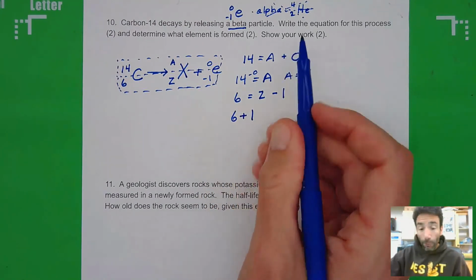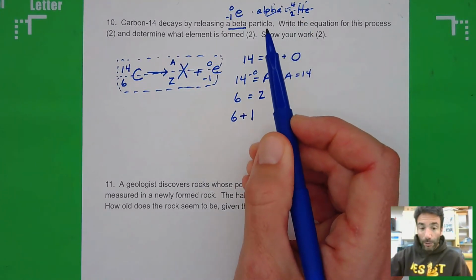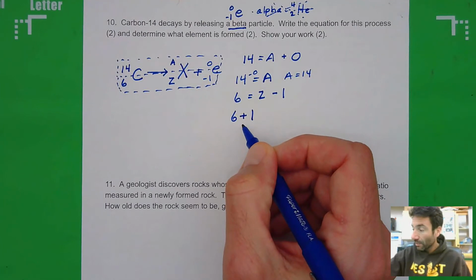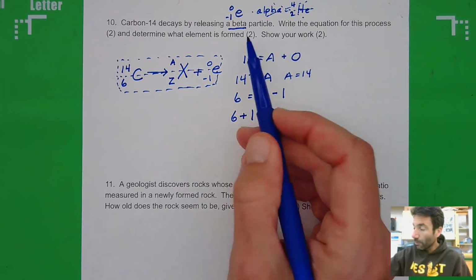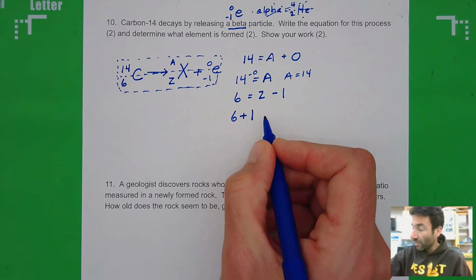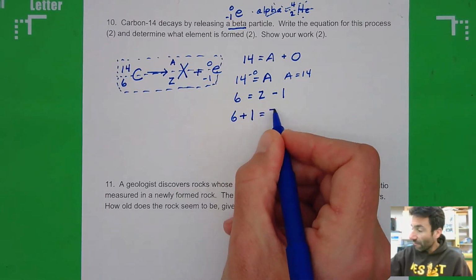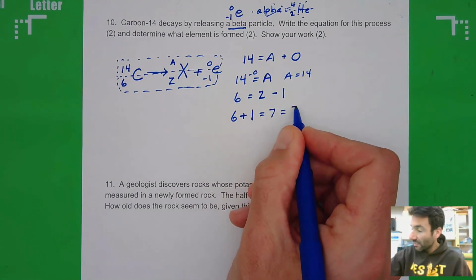If this were an alpha particle question and I was moving that 2 to the other side, I would be subtracting it from this number. But because that's a minus, I'm moving it over and putting a positive sign on it. So 6 plus 1 equals 7, and that equals Z.